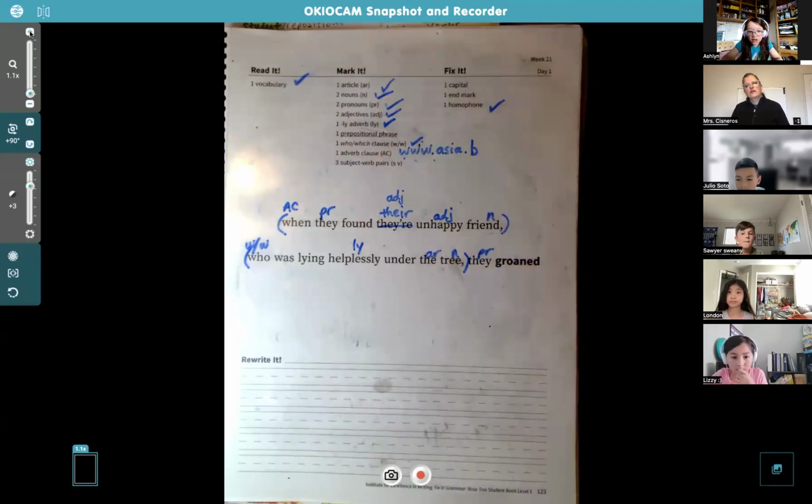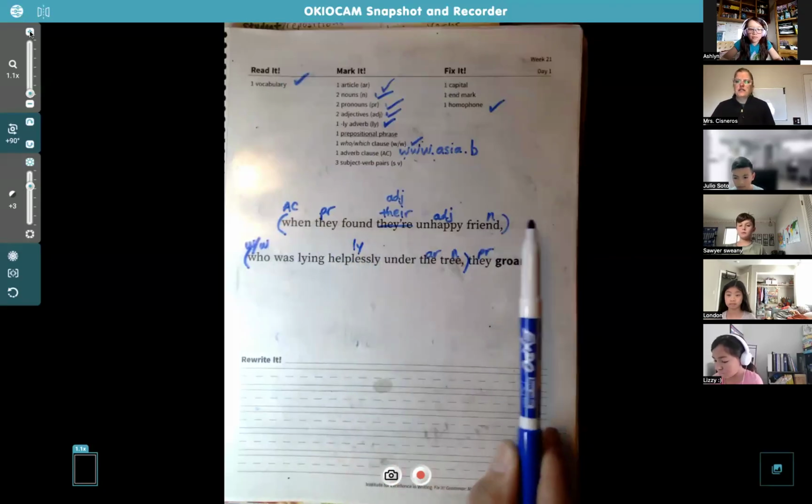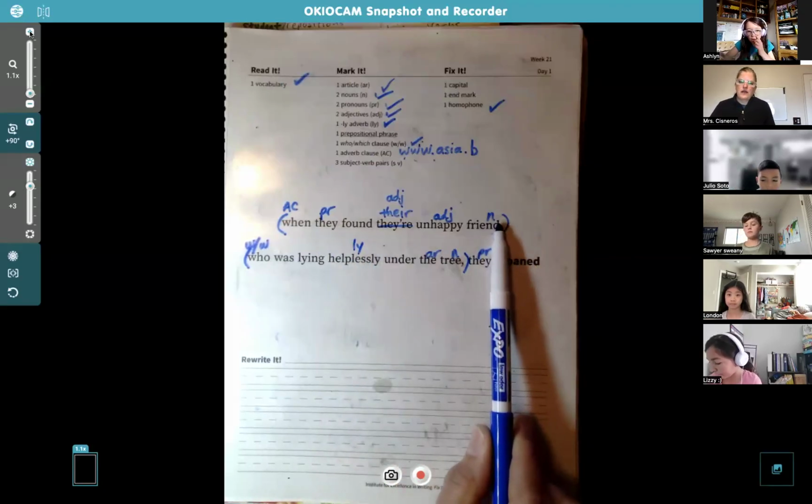When you do like the who which clause, the that clause, and the adverb clause, do you do it until the next noun there is? Not always, but yeah, a lot of times it is that way. You're thinking of the prepositional phrase. The prepositional phrase does end on a noun for sure. Oh, that's what I've been doing in my homework though. Sometimes it does. Sometimes it does end on a noun.